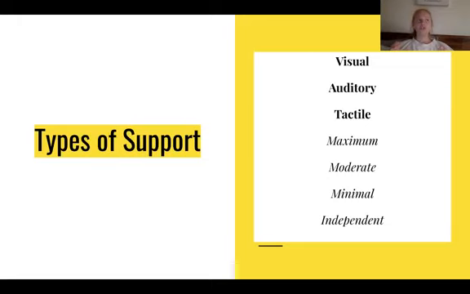So minimal usually is like 1 to 2 prompts, and mod is like 3 to 4, and max is like 5 or greater. But that should be lined out very clearly for you. And you shouldn't just be writing, oh yeah, I gave them mod support without anything to back that up.